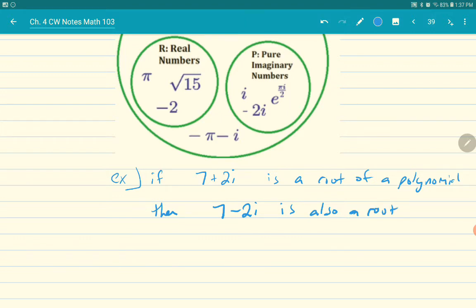So the fun thing about complex roots is that one's a freebie. As soon as you find one, the other one's a freebie, and you found 2.